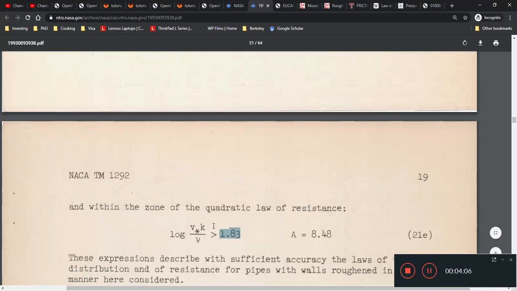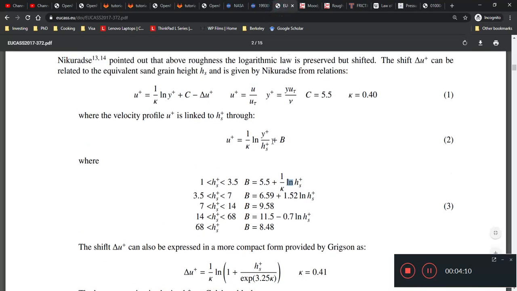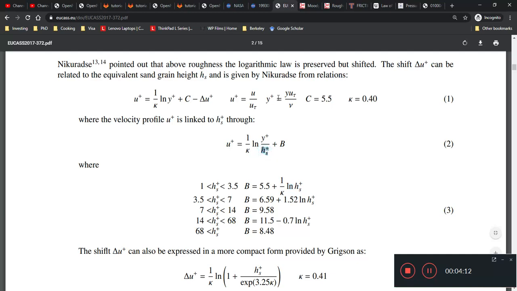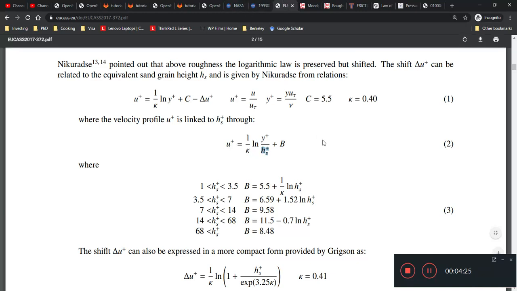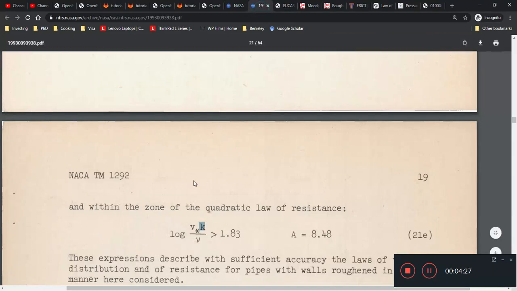So at least we can verify that this k here is the same as this hs over here, and this HS plus is the non-dimensionalized version. We're using friction velocity and kinematic viscosity to normalize it. That's good news.